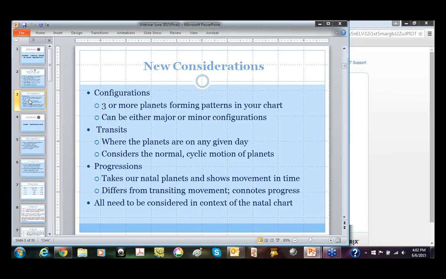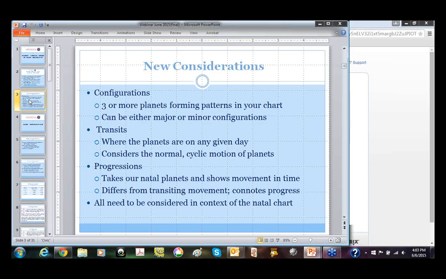And so we can look at the relationship of the planet within our own natal chart and what it's doing. Some of them are quick, like the cycles of the sun and the moon and the inner planets, and some of them we'll only see a couple of the phases in our lifetime because they take so long to move around. We're going to talk about progressions.